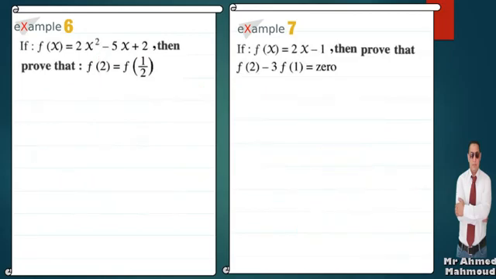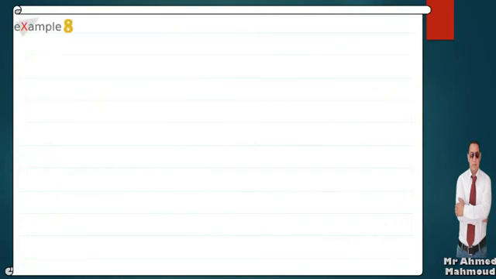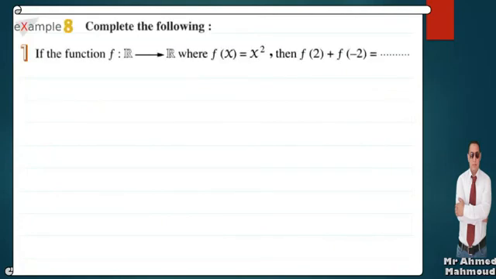The next example, if the function f from R to R, where f of x equal x power 2, then find f of 2 plus f of negative 2. Okay, f of 2 plus f of negative 2, here the function rule is x power 2.